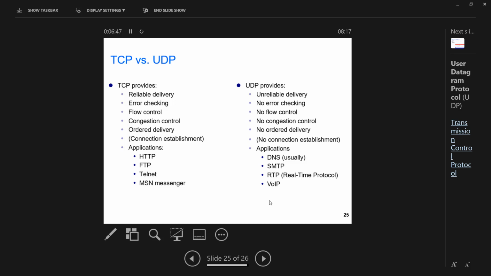UDP is unreliable, it just transmits the data, delivered or not delivered, with error or without error. It doesn't care about this. So UDP: unreliable delivery, no flow control, no error control. It just transmits the data. If it is received correctly, it's fine. If not received correctly, it doesn't care about this. Okay.